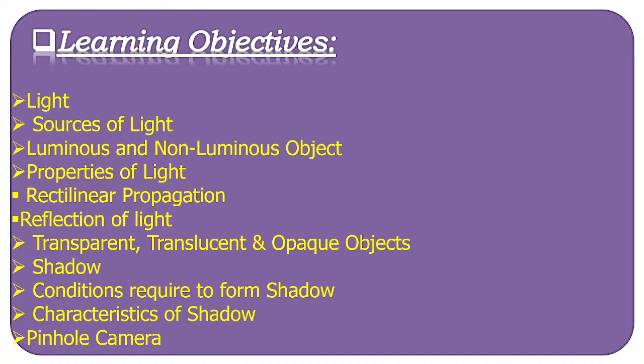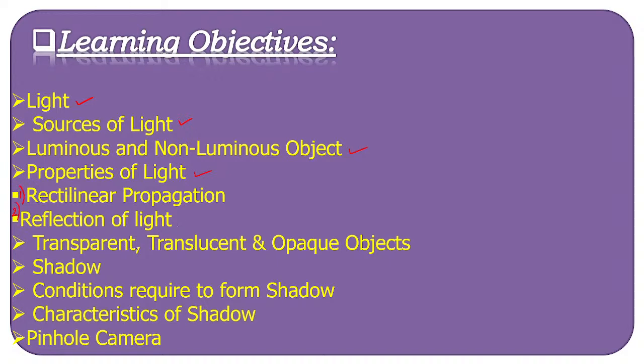We are going to learn about light, different sources of light, luminous and non-luminous objects, properties of light, that is rectilinear propagation of light and reflection of light. These are the two properties that we are going to learn.